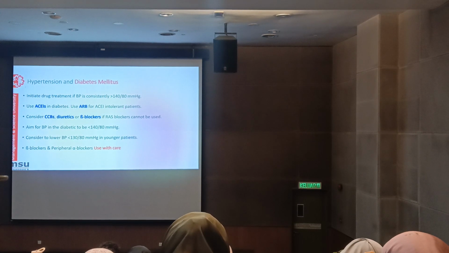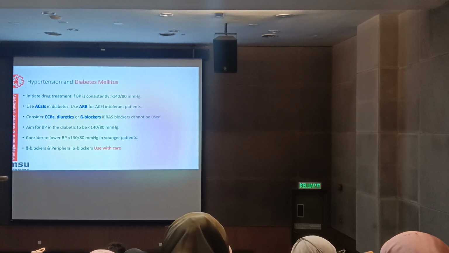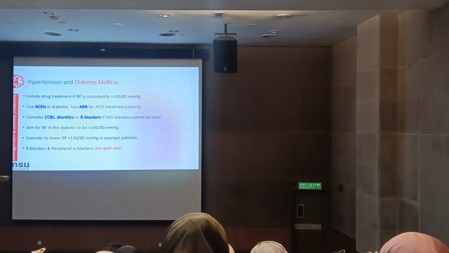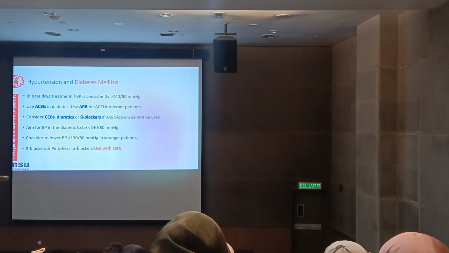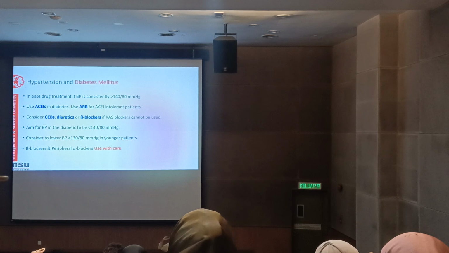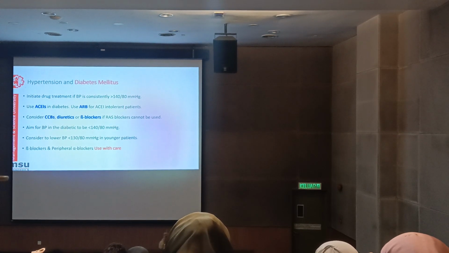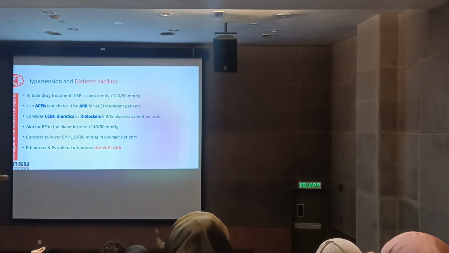If these drugs are not suitable for any condition, I will go for calcium channel blockers, diuretics, or beta blockers. Okay? And then beta blockers and alpha blockers can be used but with care. Why? Just put a question mark, then we will see why.